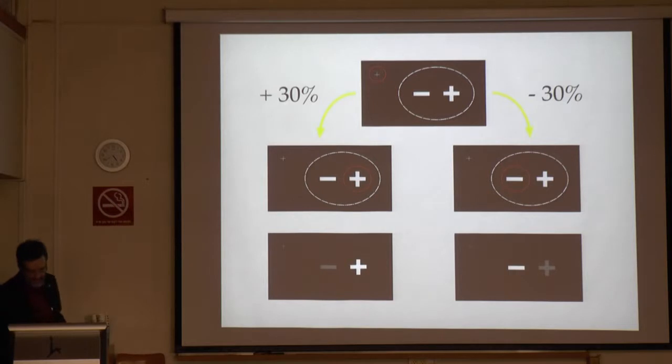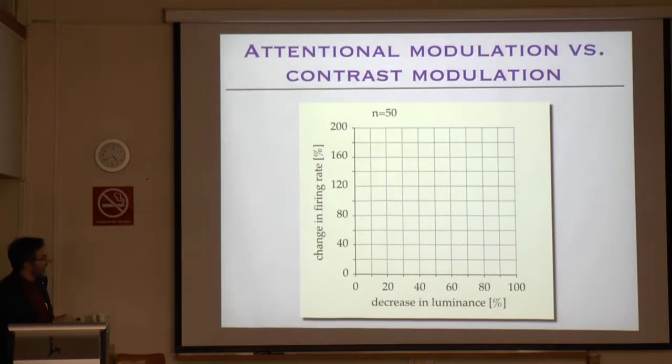Okay? So to plot the data, I want to compare attentional modulation of firing rates, and I said they're roughly around 30% here, versus a decrease of luminance of these stimuli. If they're one-to-one thing, then the data should all lie along a diagonal. Instead, all the data are squished to the right side of the graph.